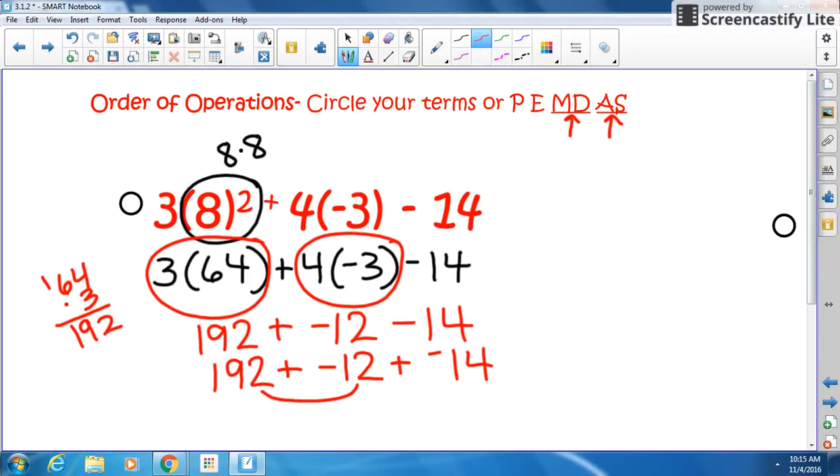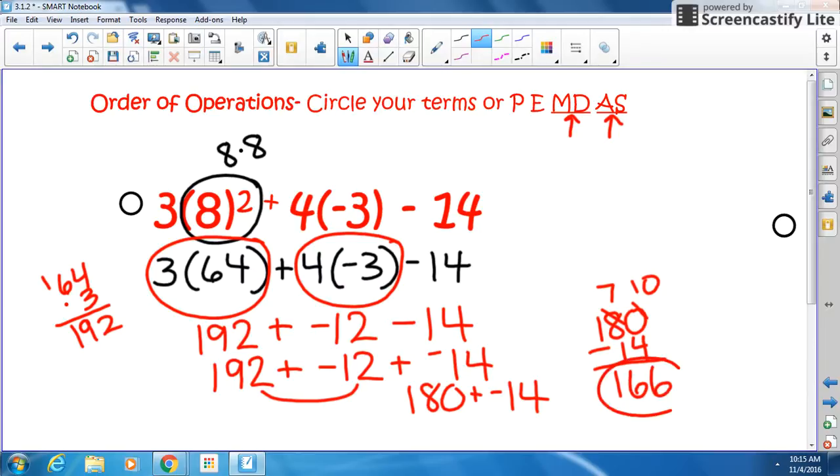And I would have 192 minus 12 would be 180 plus a -14, which is really 180 minus 14. So 180 minus 14, regroup, is 166. So the answer to my problem is 166.